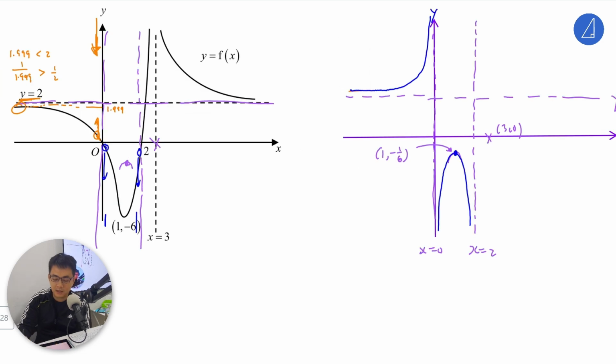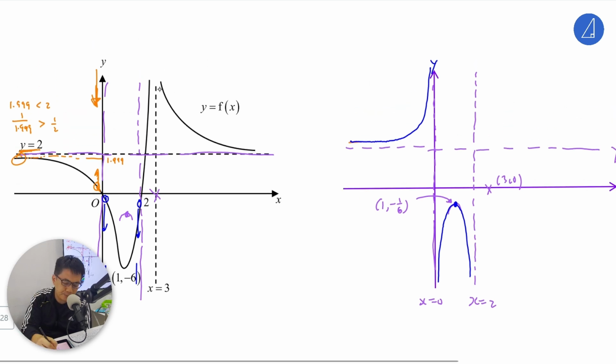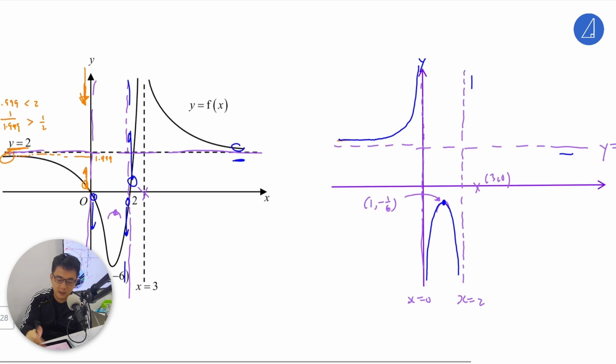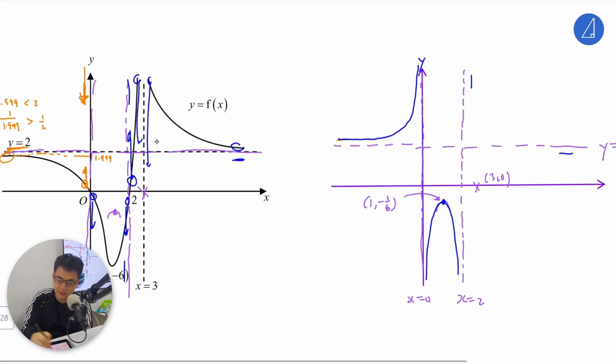Yeah, that one was okay. This is fine. So once this is done, this guy goes to infinity, comes here. Then this one will come from below. This one here, take note. This guy comes down, this guy comes down, so it's like that. So it's actually a minimum point on the x-axis.